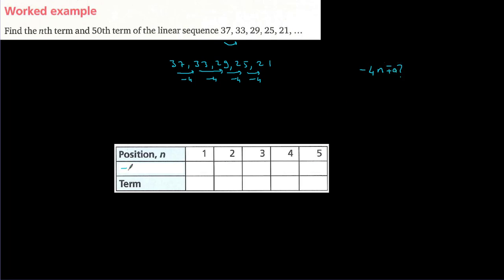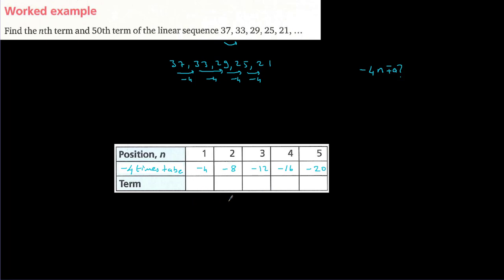Firstly, I'm going to make the minus 4 times table, which is minus 4 times 1 equal to minus 4, and minus 4 times 2 is equal to minus 8, minus 4 times 3 is equal to minus 12, minus 4 times 4 is equal to minus 16, then minus 4 times 5 is equal to minus 20.